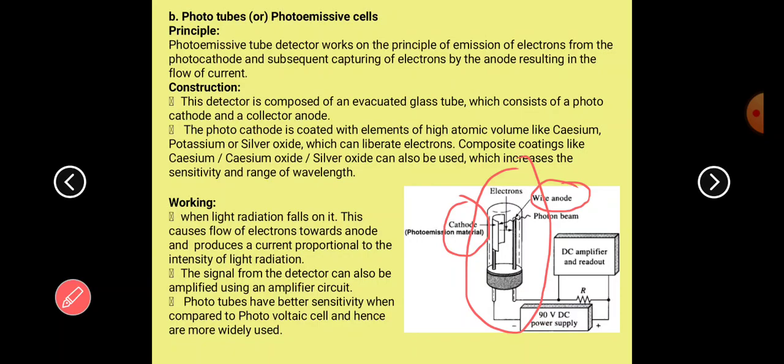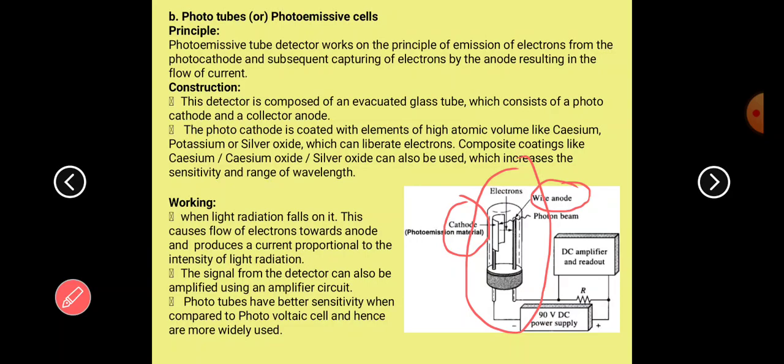The photocathode is composed of elements of high atomic volume like cesium, potassium or silver oxide, which can liberate electrons. Composite coatings like cesium oxide and silver oxide can also be used. It increases the sensitivity of the detector.